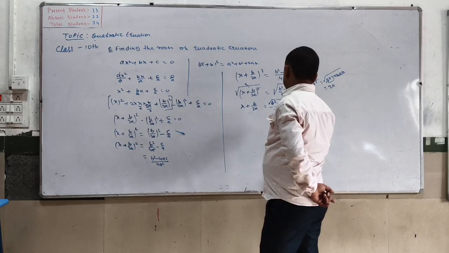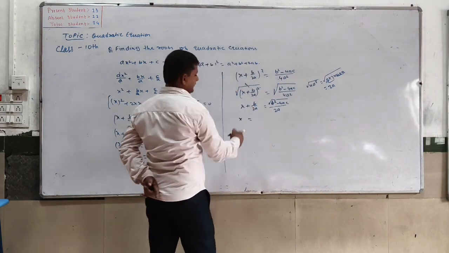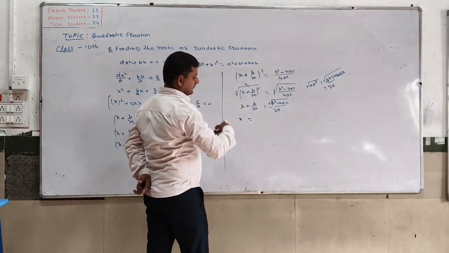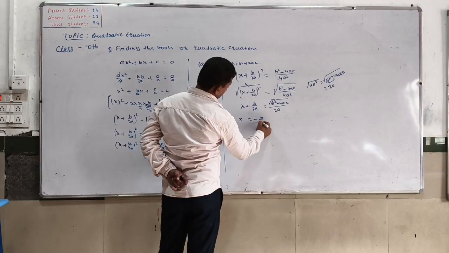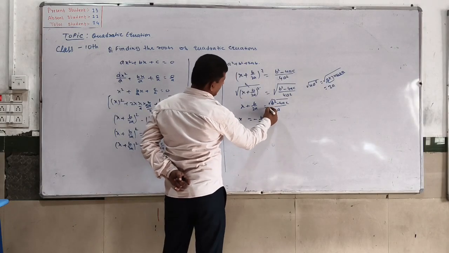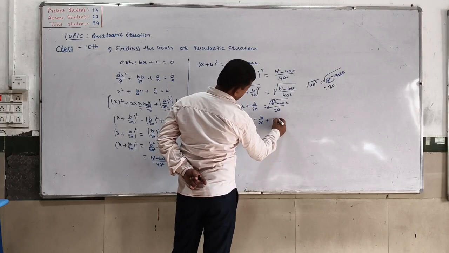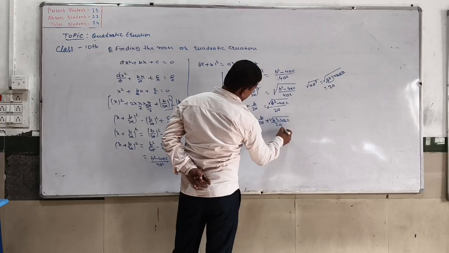So we write b square minus 4ac, and solving these equations, x is equal to: plus b upon 2a goes to the right side and is converted into minus b upon 2a, plus minus root b square minus 4ac upon 2a.